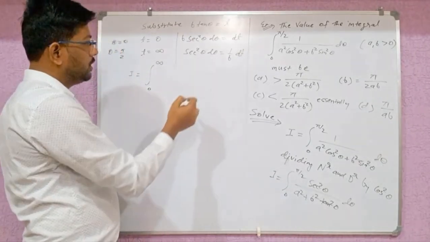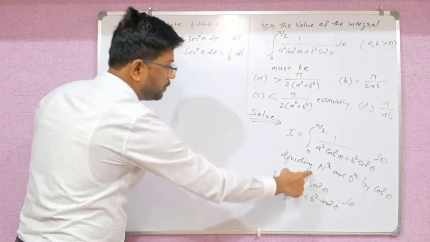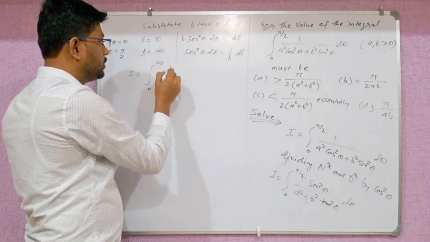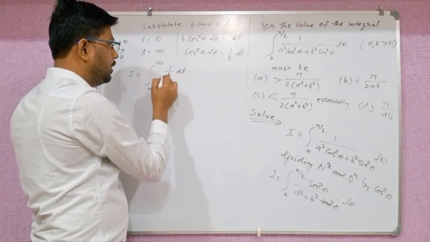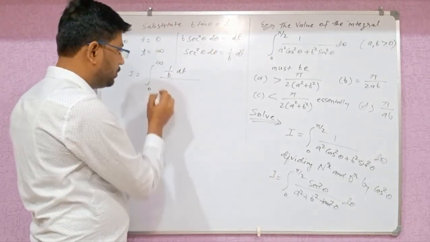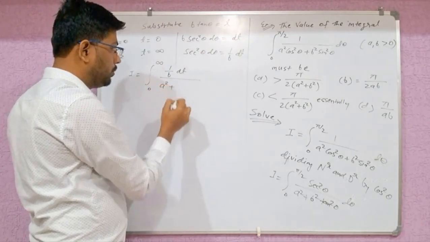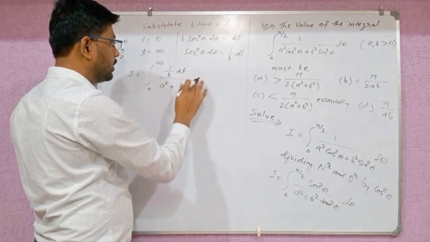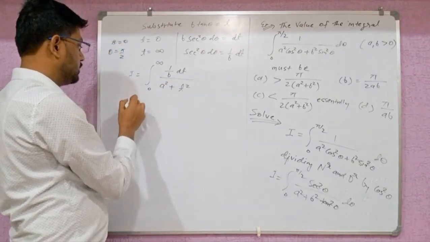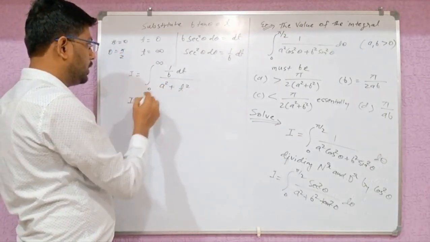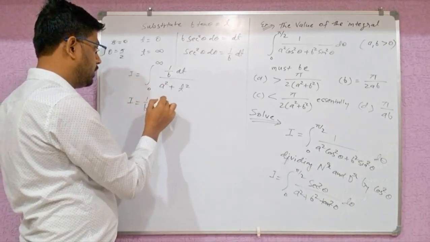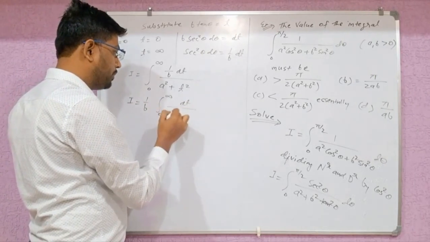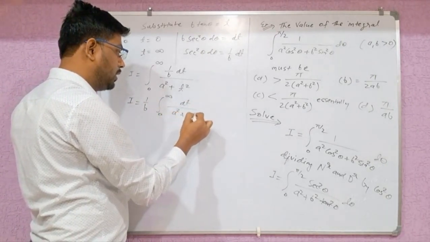Replacing sec square theta d theta by 1 by b dt, this will be 1 by b dt divided by a square plus b tan theta, which is t, so this will be t square. Now this I can be written as 1 by b integration 0 to infinite dt by a square plus t square.